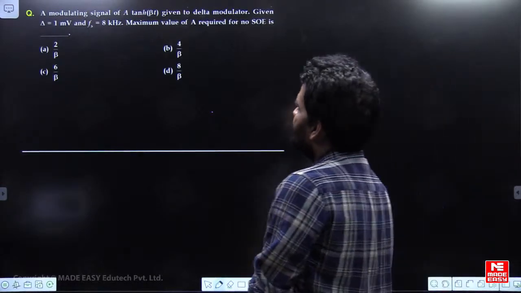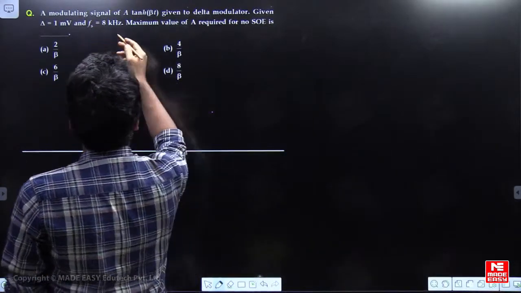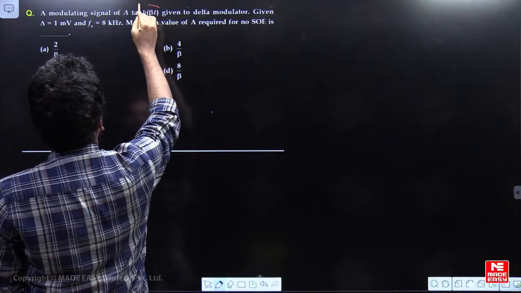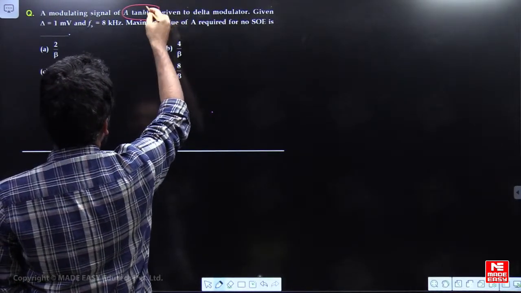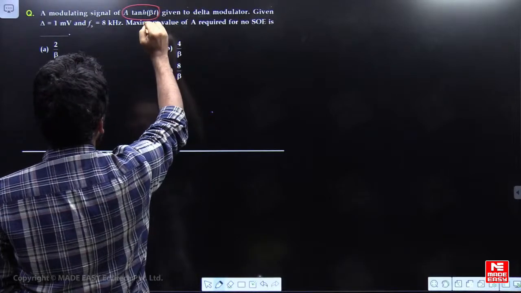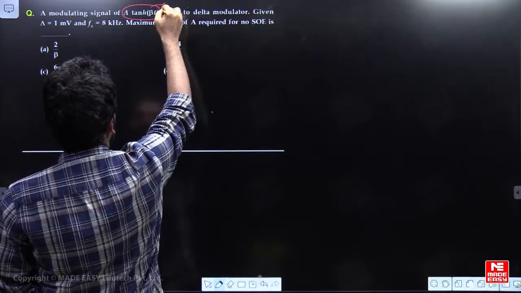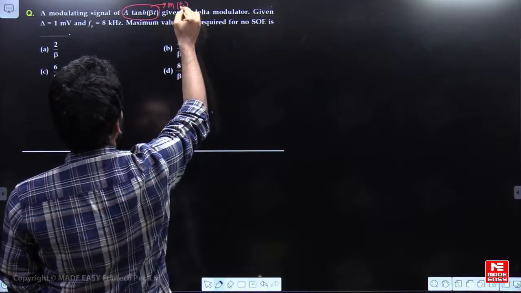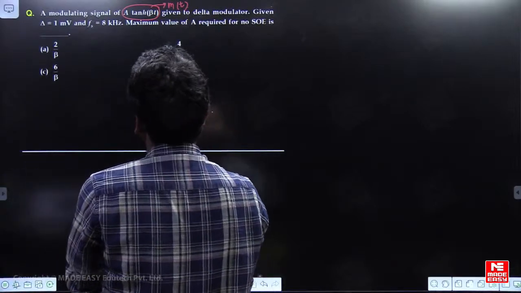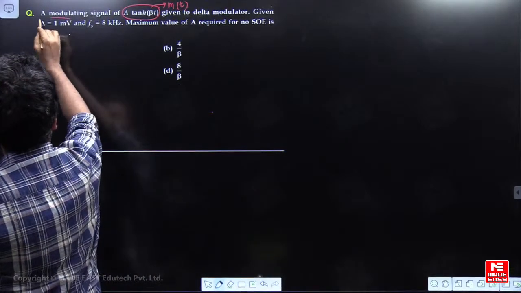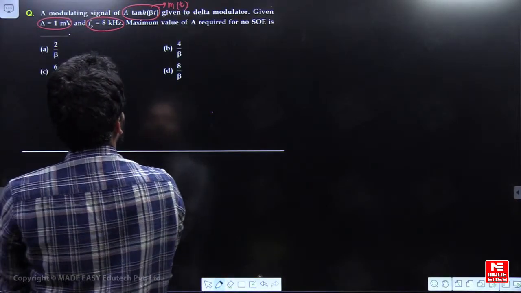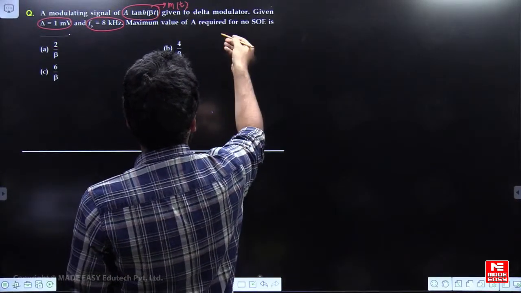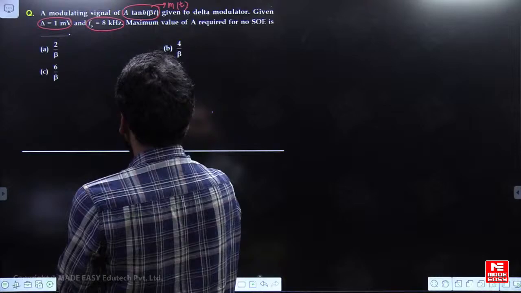A modulating signal, meaning the message signal, is A tanh beta t. So it is the hyperbolic tangent function A tanh beta t, the message signal given to the delta modulator. Given delta is 1 millivolt and Fs, the sampling frequency, is 8 kilohertz. The maximum value of A required for no SOE is.